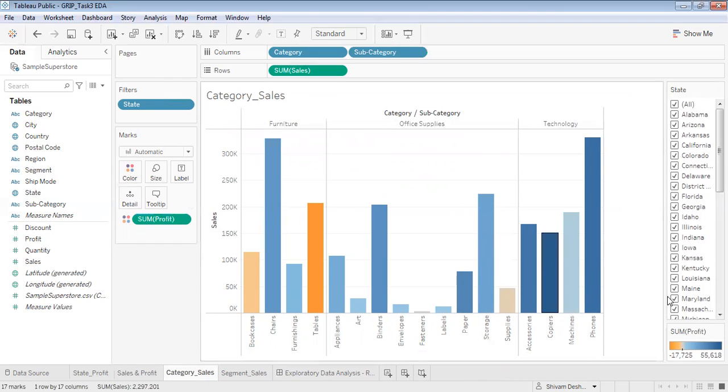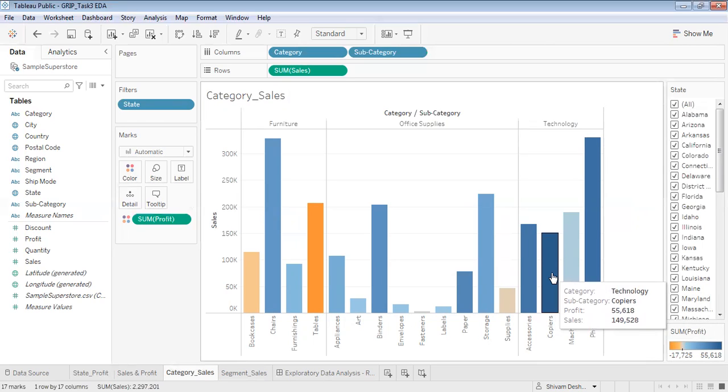This is for all the states, and the profits are used as the marks or color. You can see the range here of profits. The darker blue colors tell us the profit is higher. In the technology category, the subcategory copiers, the profit can be seen very high.